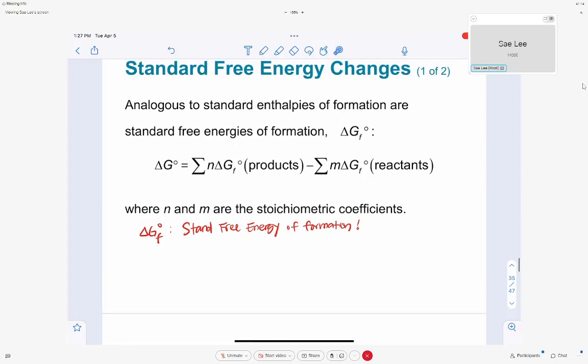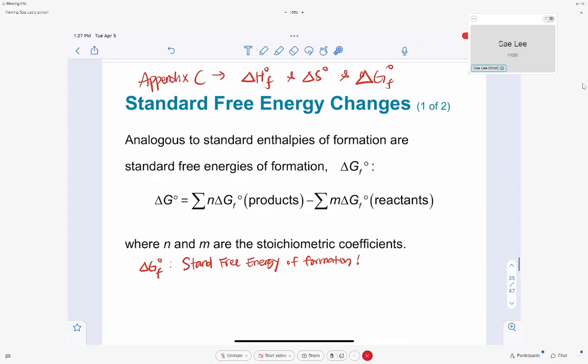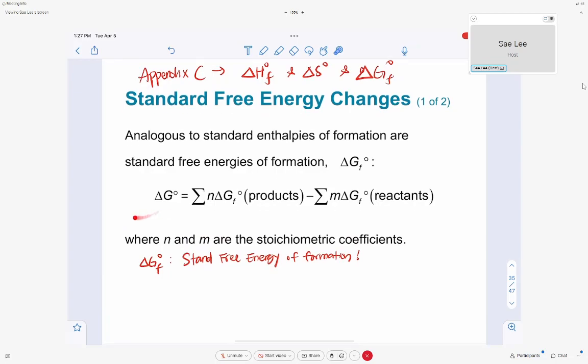If you want to calculate the standard Gibbs free energy change for a chemical reaction, you can also use the table in Appendix C. You can utilize the previously published values, and then use this equation to find the standard Gibbs free energy change for a reaction. This equation is exactly the same as when we were finding the standard enthalpy change and standard entropy change of a reaction.